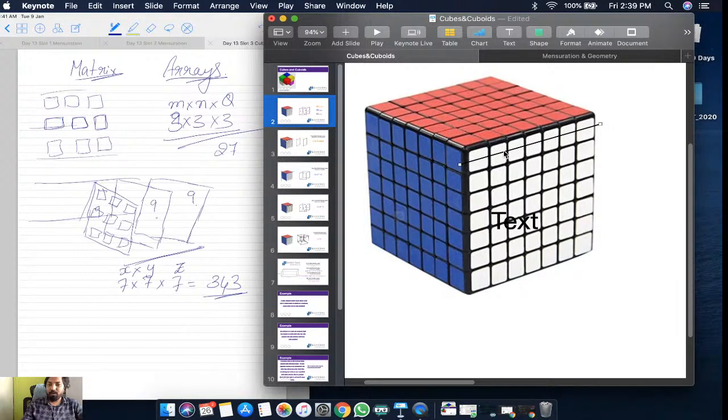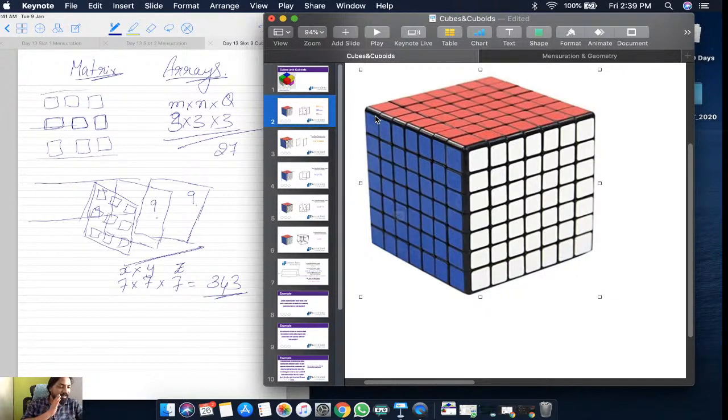This is the first row. This is the second row. This is the third row. Fourth row. Fifth row. Sixth row. Seventh row. There are 7 rows, 7 columns, and 7 stackings, 7 layers. First layer, second, third, fourth, fifth, sixth, seventh. It is 7 cross 7 cross 7.